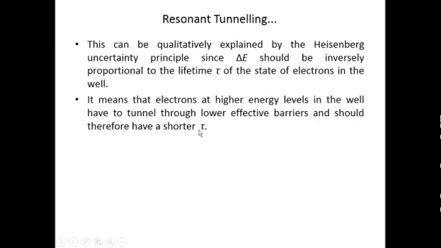It means that at higher levels, the electron has to penetrate or tunnel through the lower effective barriers of the quantum well under resonant tunneling, and the electrons in the quantum well will have a shorter lifetime tau. So with this, we conclude this session here.